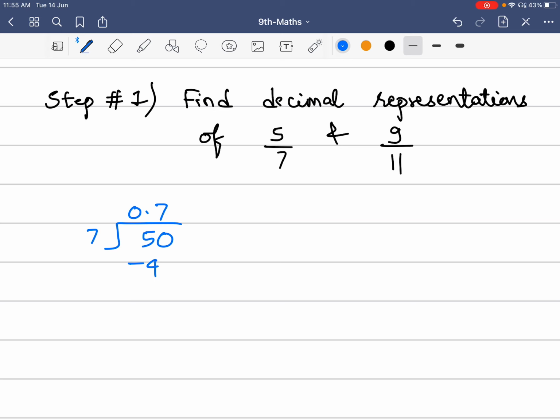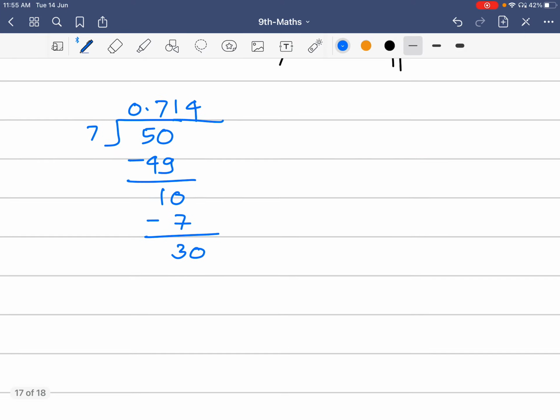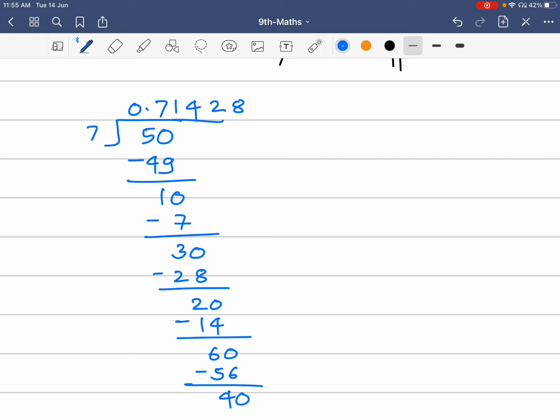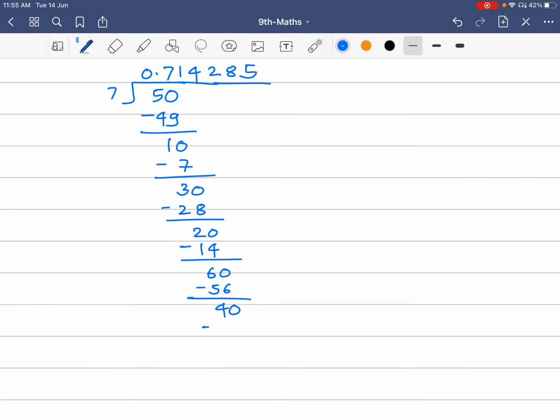So 7 sevens are 49. 1 is a remainder, then 0, 7 ones are 7, so 3 is a remainder, so 30, and then 7 fours are 28, 2 is a remainder, 20, 7 twos are 14, so 6 is a remainder, 60, then 7 eights are 56, 4 is a remainder, and once again we have 40, then 7 sixes are 42, so 7 fives are 35, and then 5 is a remainder, then 50, and then again 7 sevens are 49.